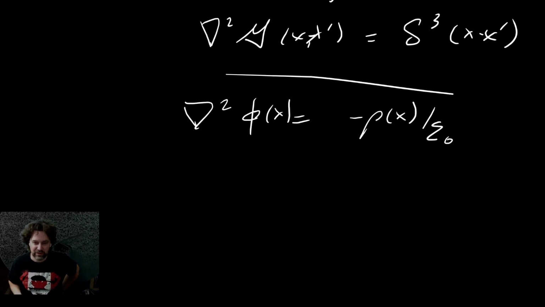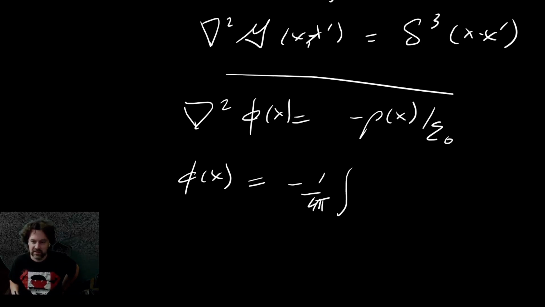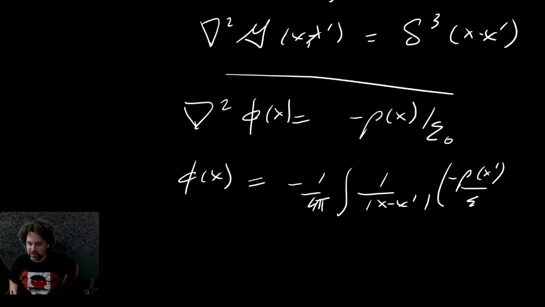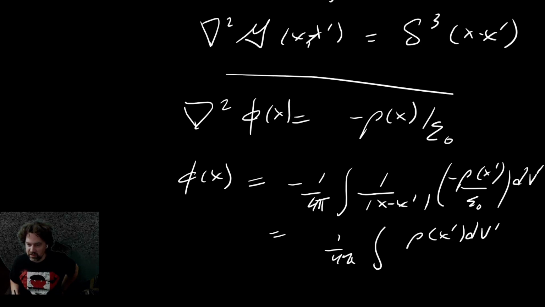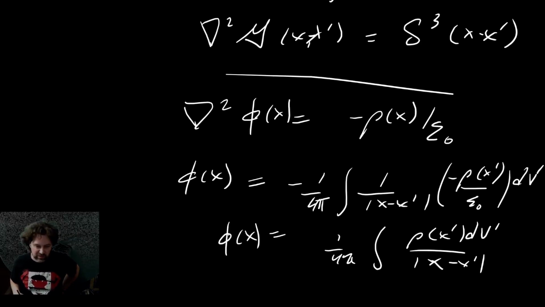So we can now just go ahead and write that the scalar potential is minus 1 over 4 pi times the integral of 1 over |x minus x prime| times minus rho of x prime over epsilon naught dV prime. And what do you know? You have 1 over 4 pi epsilon naught rho of x prime dV prime over |x minus x prime|. We have our famous result from electrostatics, obtained the very long way.